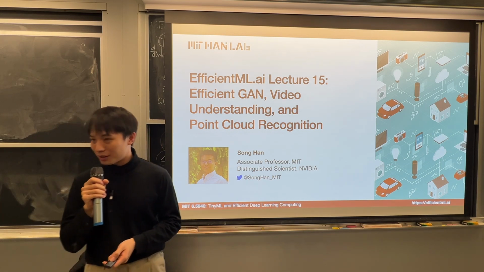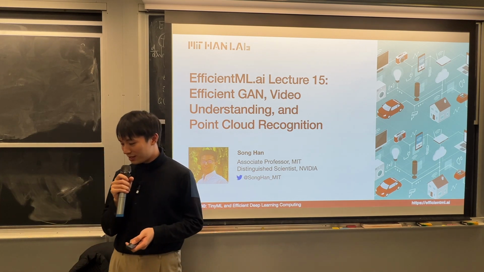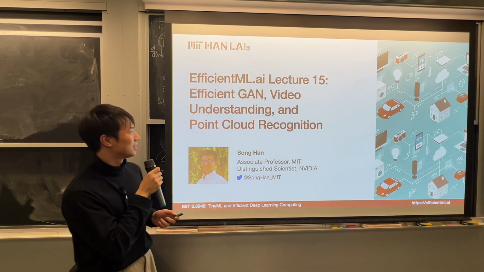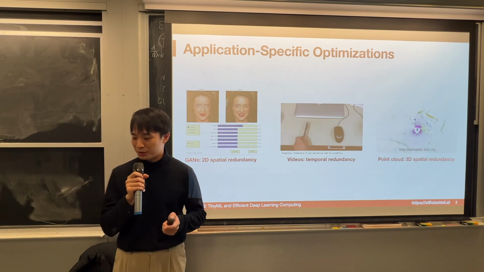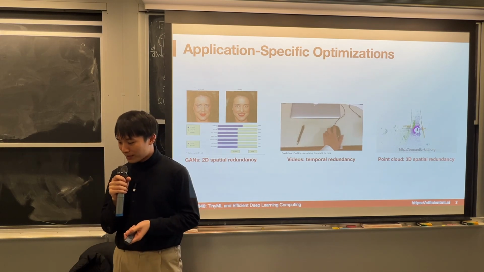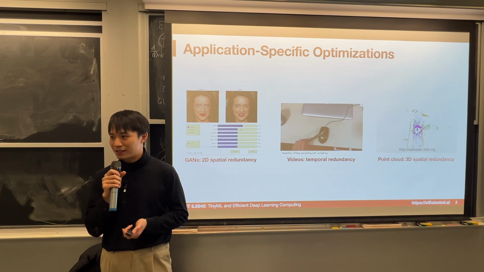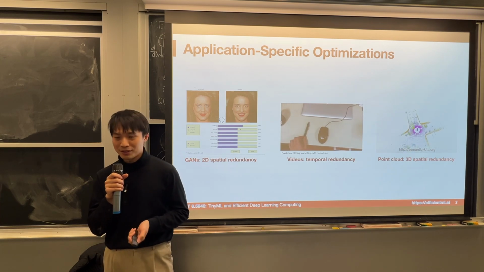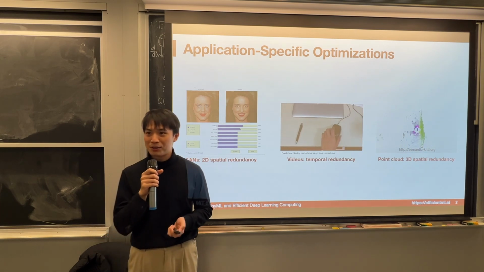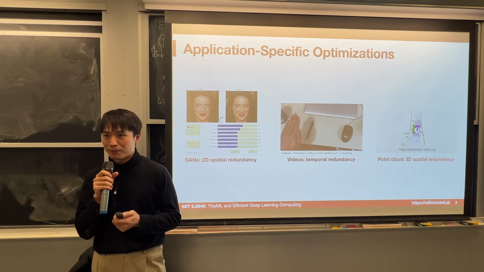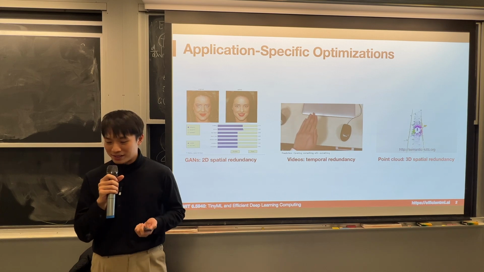So today we are going to talk about efficient GANs, videos, and also point cloud recognition. Over the previous lectures, we have talked a lot about general efficient deep learning techniques, for example, model compression, pruning, distillation, or neural architecture search. By general, it means that these techniques can be applied to various domains.